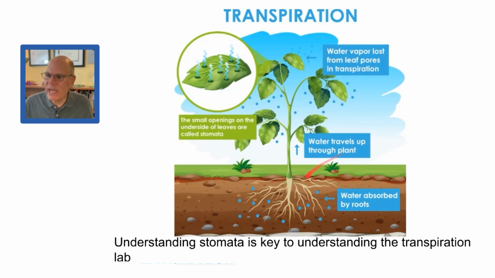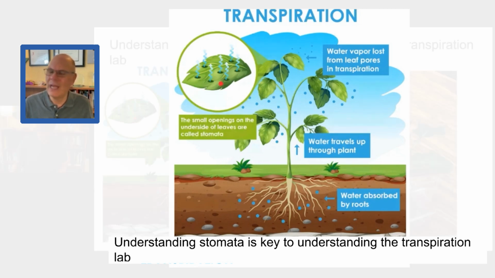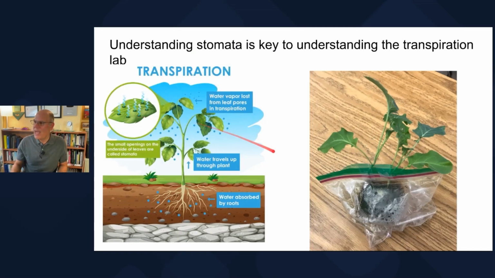Water gets lost as water moves from the soil into the roots, up the stem, and out the leaves. And that process is called transpiration. It's incredibly important, and in fact, it's responsible for things like the amount of rain that happens over forests. And you can simulate that very simply with a plastic bag and a tiny little plant like this broccoli plant. I'll talk about that later in the year.